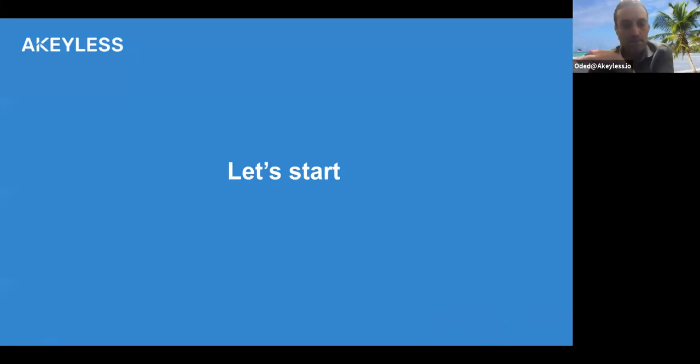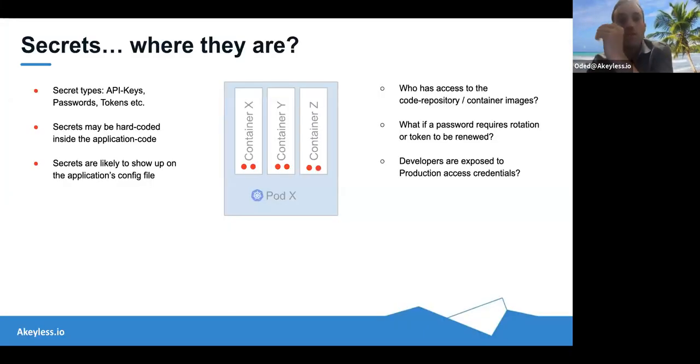Okay, let's start. So first of all, what is a secret? A secret can be an API key, passwords, a token, sometimes even an encryption key. Basically, every object that is being used in order to authenticate and authorize, sometimes even for encryption targets.